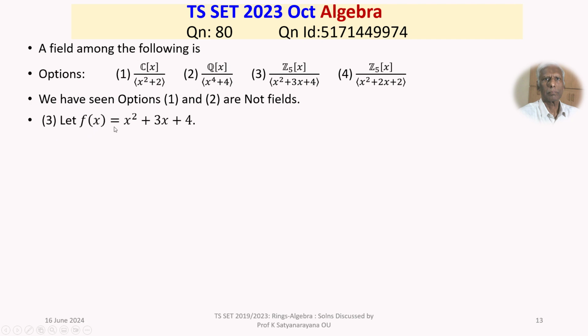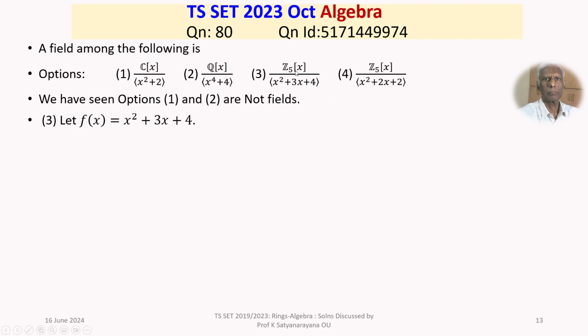So you have f of x in the polynomial ring Z5[x]. Z5 is the finite field with 5 elements. f of x is x square plus 3x plus 4. So it is of degree 2.